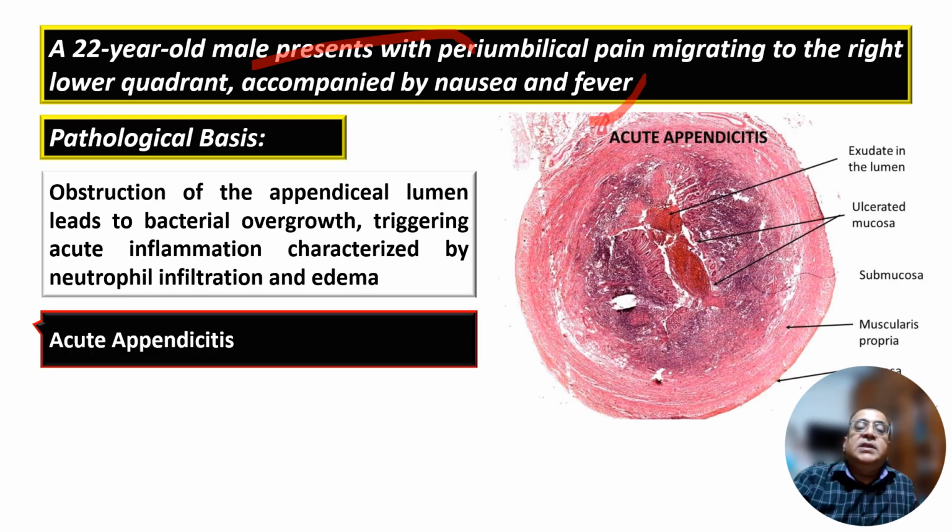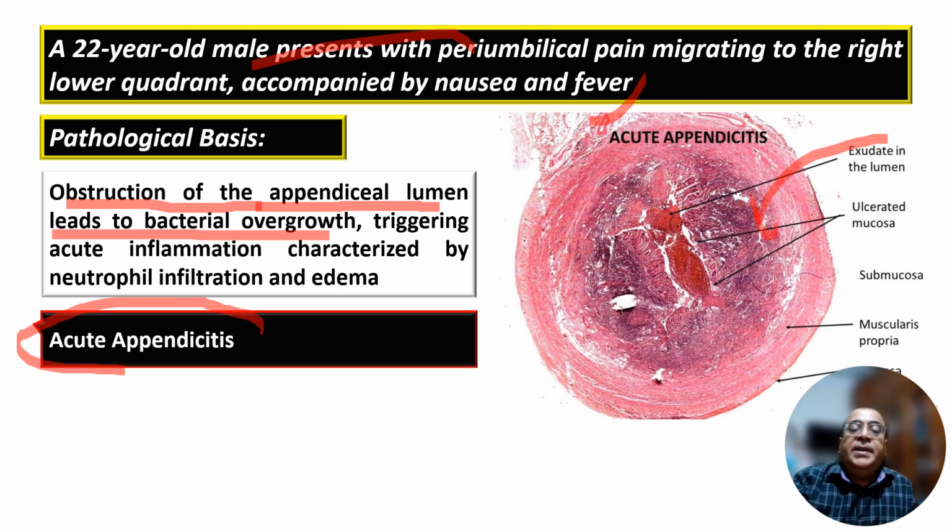This is by the obstruction of the appendiceal lumen that lead to bacterial overgrowth, and hence there is acute inflammation. Condition is termed as acute appendicitis, the acute inflammation of the appendix. There is edema and neutrophilic infiltration in this condition.